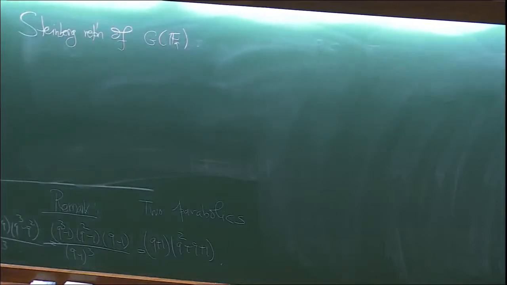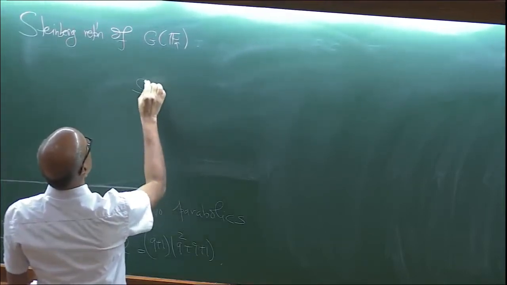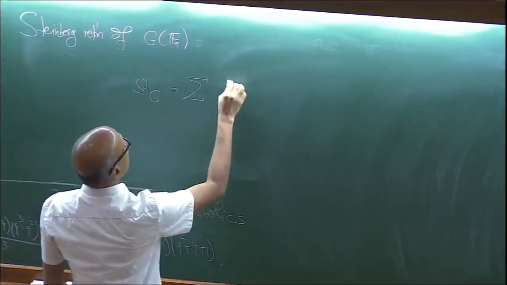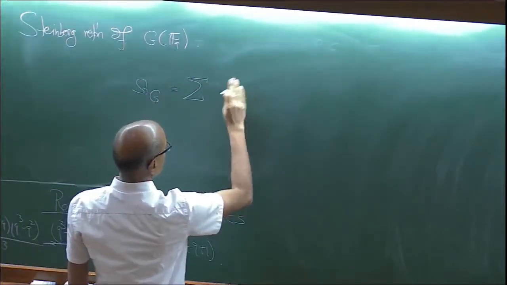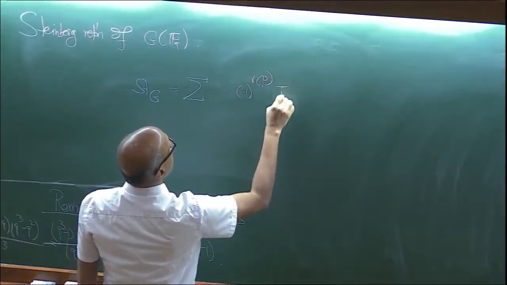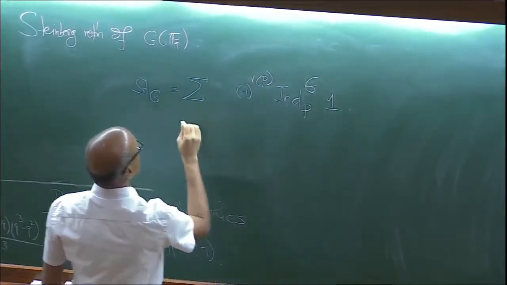So this is indeed a very distinguished representation which makes its appearance in a lot of representation theory. And its definition is given, so Steinberg of G is defined to be the summation of (-1) to the power rank of P, induction from P to G of the trivial representation.